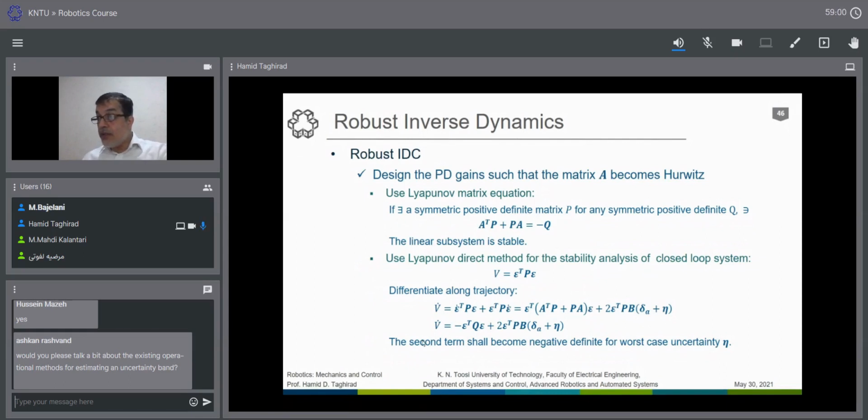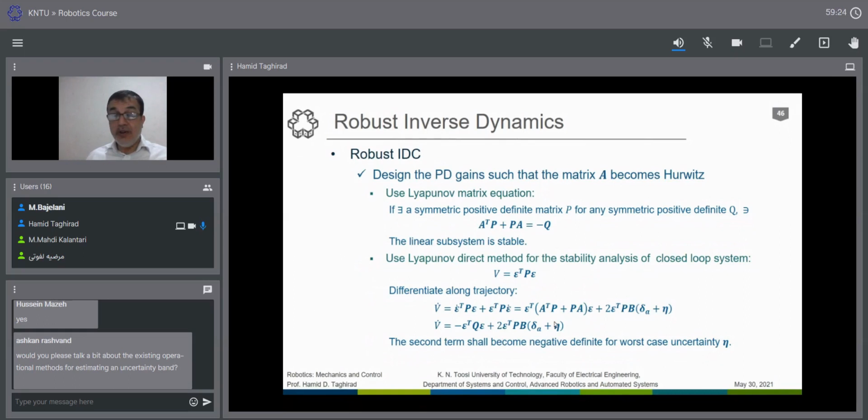So, coming to this picture and having the Lyapunov derivative here, there are 100 methods to design delta, such that this term becomes negative definite. If this term becomes negative definite, it means that V dot is equal to something negative definite and phi.